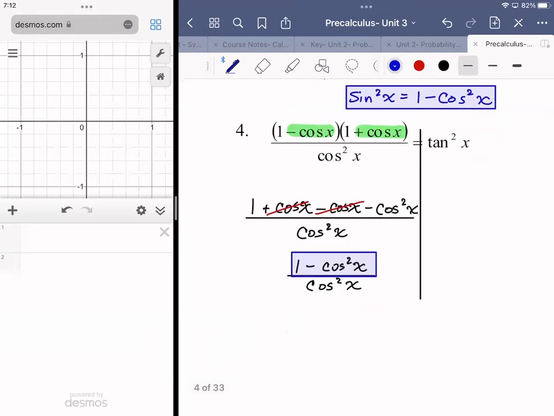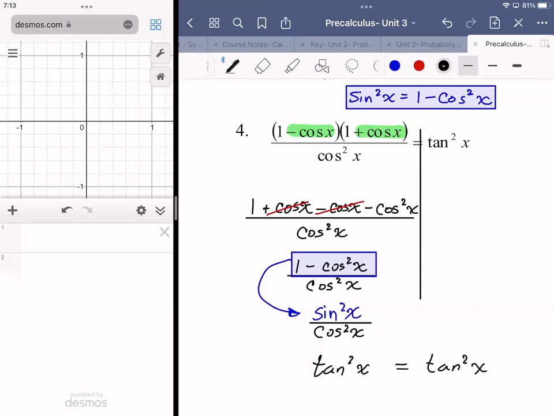So that tells me that this expression can now be written as sine squared x over cosine squared x. Well, sine over cosine is tangent. So sine squared x over cosine squared x would be tangent squared x. And that happens to be the same as the right-hand side.